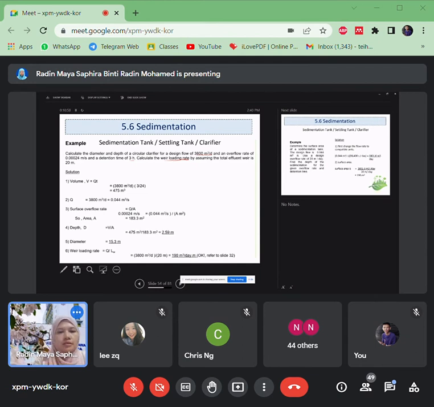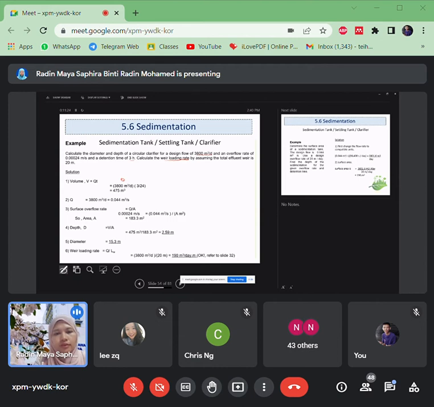So first, this is quite a straightforward calculation, to calculate the weir loading rate. First we need to calculate the volume. As we know, volume is the flow, this is Q, multiplied by the time, the 3 hours from earlier, with the conversion.